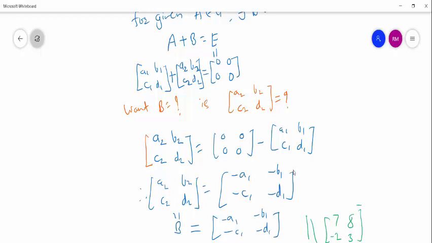Then its inverse under the binary operation will be minus 7, minus 8, plus 2 and minus 3. I particularly use this notation. This is the additive inverse actually, because we have given the binary operation as addition. Understand? This is a rough discussion, you can see.